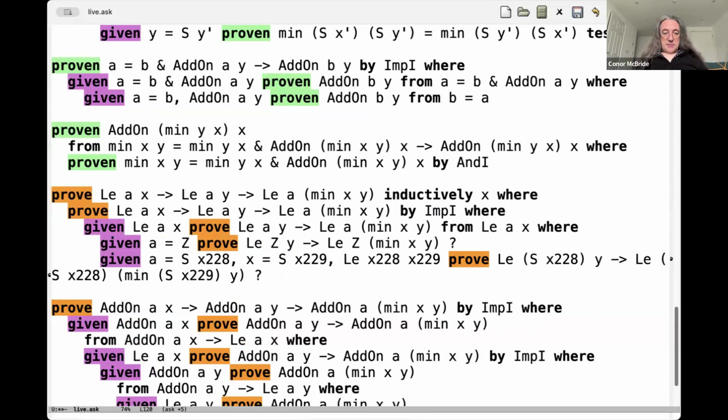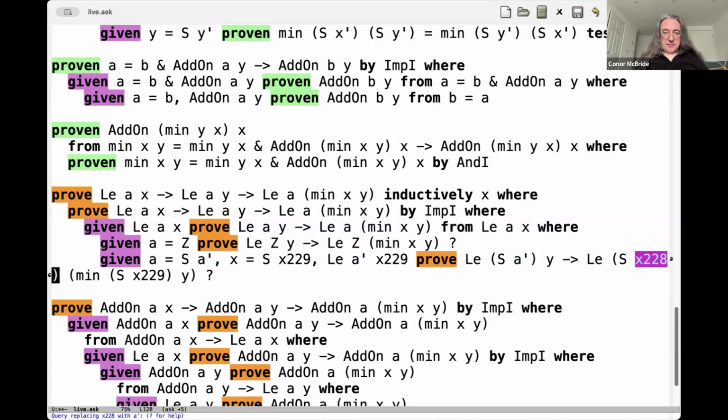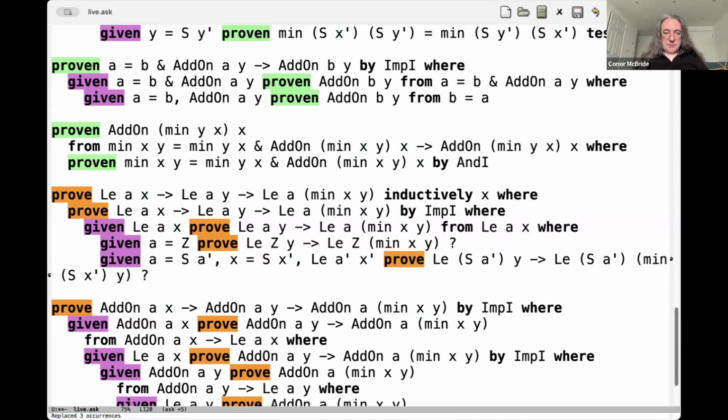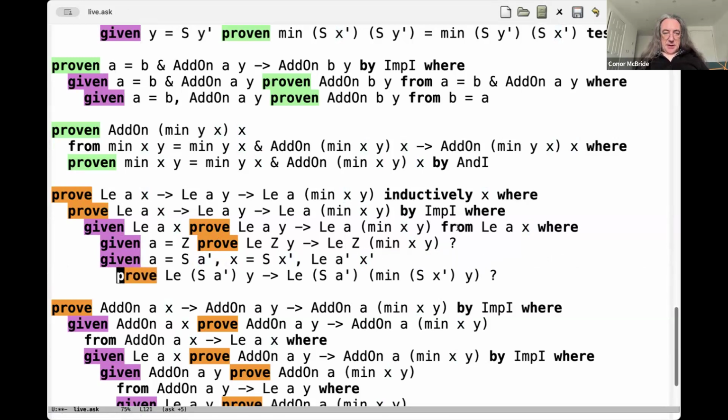So fix up names, X228 had better be A prime. X229 had better be X prime. And I'll just take that down there.